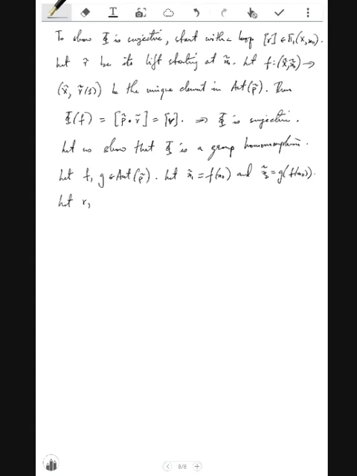So let gamma 1 be a path from x naught tilde to x1 tilde. Then g composed with gamma 1 is a path from g of x naught tilde to g of x1 tilde, which is equal to g of f of x naught tilde.